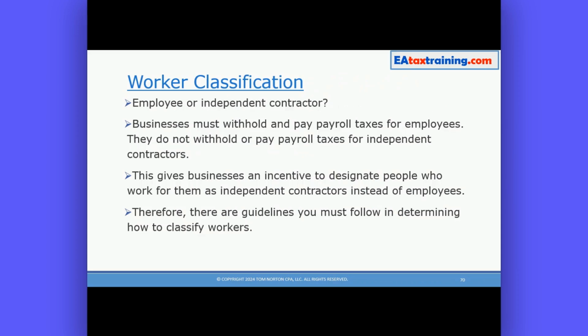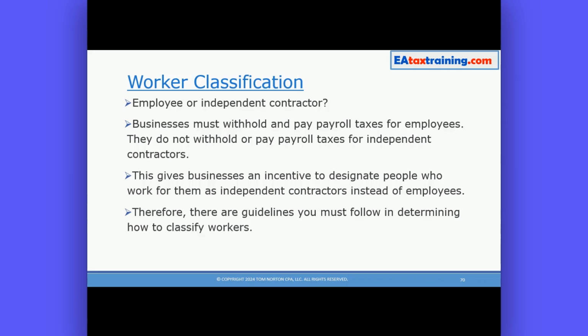So what this means is that the business has an incentive to designate people who work for them as independent contractors rather than employees. So a business could save a whole bunch of payroll tax money if they just called everybody who worked for them an independent contractor rather than an employee. And the IRS knows this, and there are business owners who try to do this. And so there are rules in place to try to distinguish between who is an employee and an independent contractor.